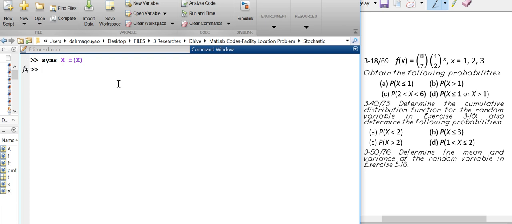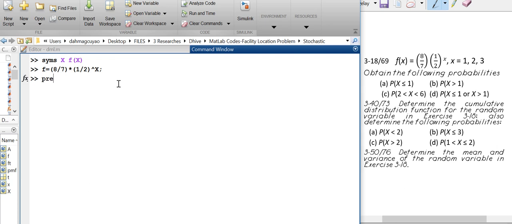We know that the function f of x is equal to 8 over 7 times 1/2 raised to capital X, the random variable x. I would not be echoing it on screen, so that would be the result.